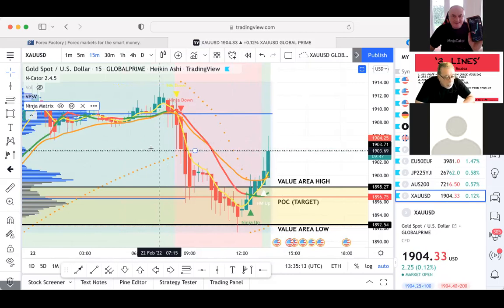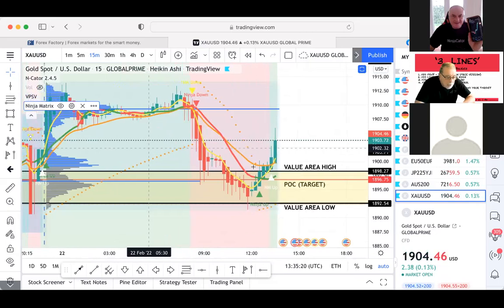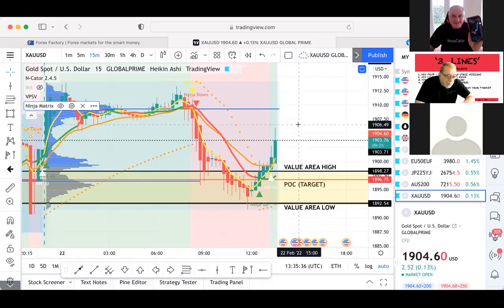But at that point, there was a strong resistance. So we need price to overcome. We need it to blast through that resistance, and possibly to then come back and retest it, and then it becomes a support, and then we look for price to go up.